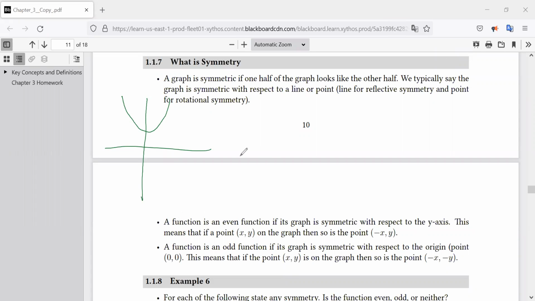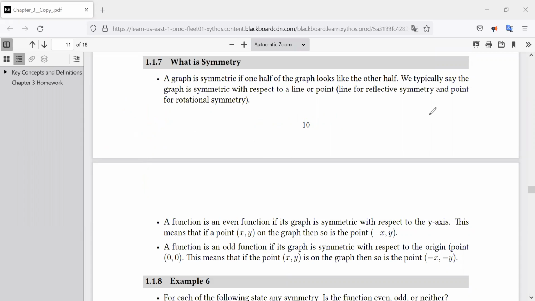An even function has the property that f of negative x is equal to f of x. That means that if you go in the positive x direction or in the negative direction, you get the same y value out.